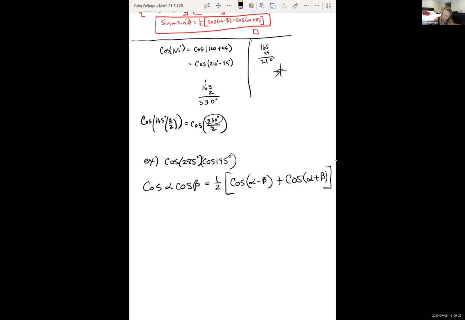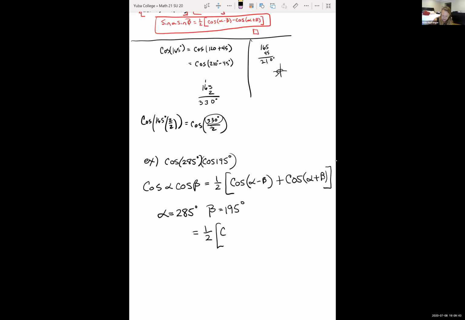In here my alpha value is 285 degrees, and my angle beta in my problem is 195 degrees. So let's plug those values in for alpha and beta into the formula.